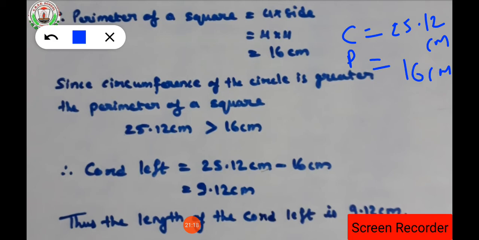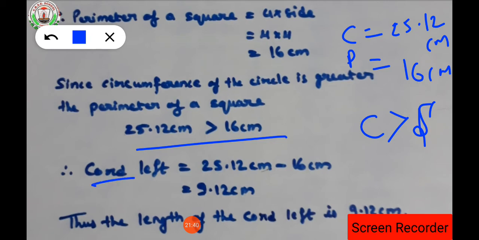Looking at this, we can easily say that the circumference of the circle is greater than the perimeter of the square. Therefore, we have to subtract. Why are we subtracting here? Because we have to find out how much length of the cord is left with Pragya. That's why we are subtracting.